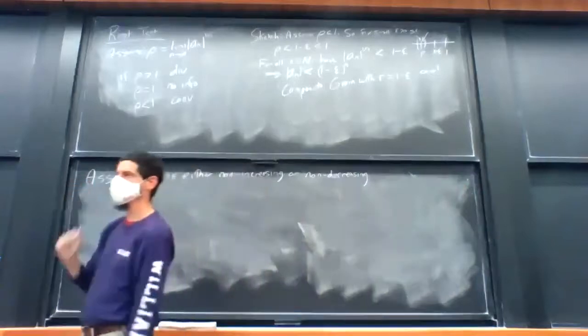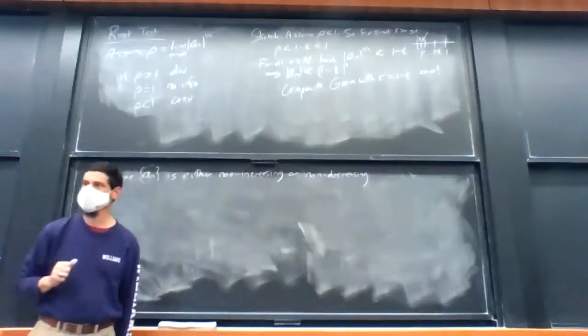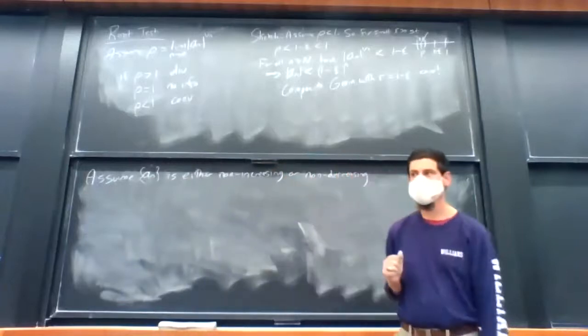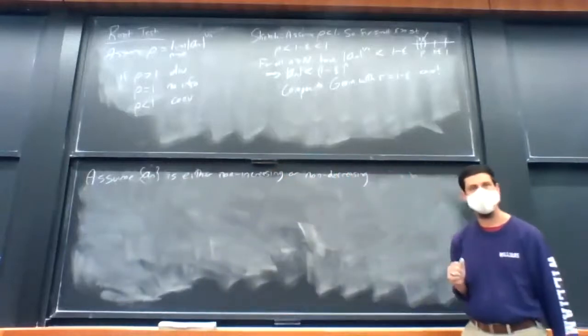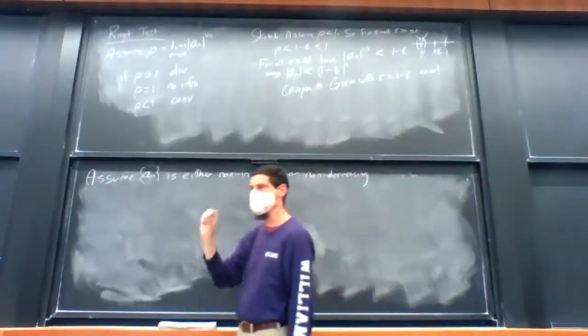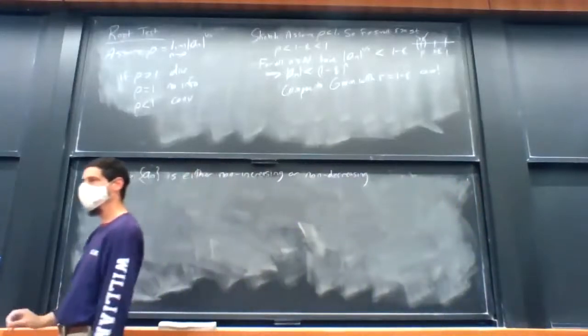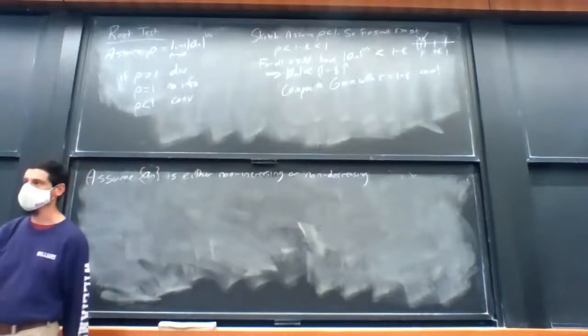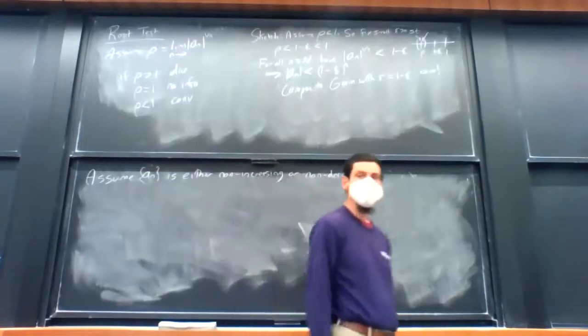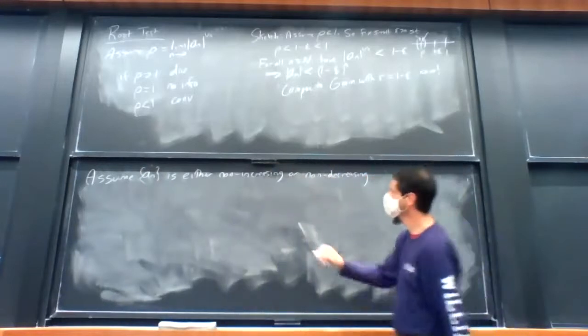What happens as you march down if it's non-increasing? Could the sequence be 7, 6, 3, 2, 8, -1? No, because it increased at one point. Non-increasing means it never, a_(n+1) is never larger than a_n.